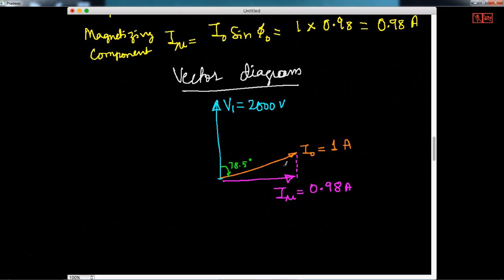Similarly, the vertical component of this will be IW, and this IW value is equal to 0.2 amperes. I hope now you know how to draw all these things. With this we have completed this problem. Any doubts you have on this, please feel free to ask.